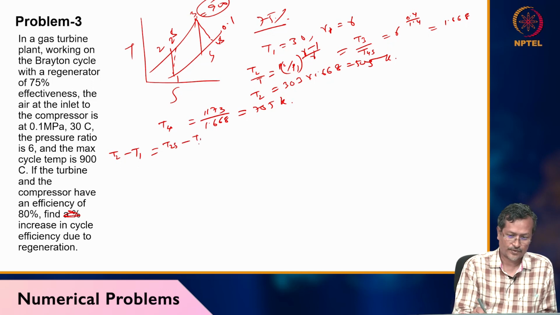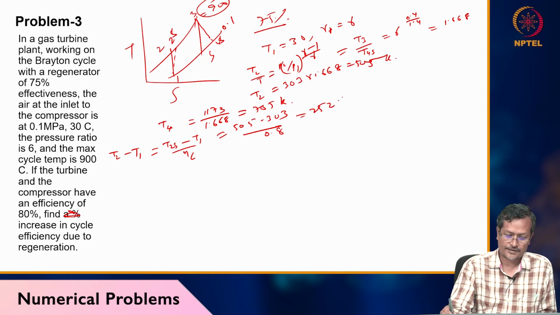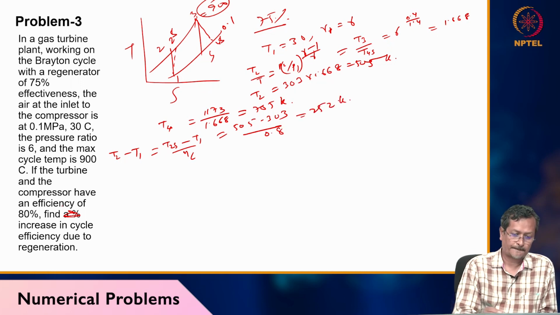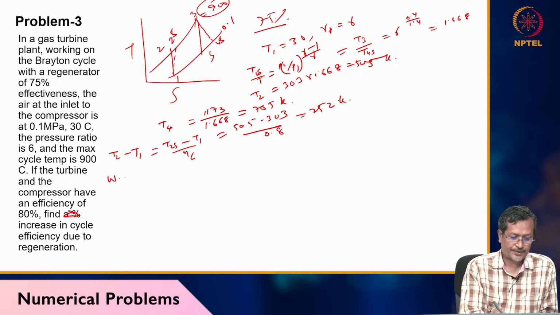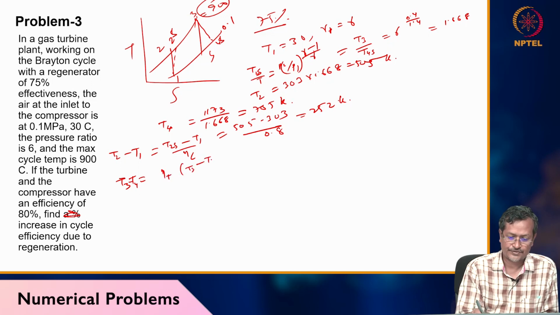T2S minus T1 divided by eta C equals 505 minus 303 divided by 0.8 equals 252 K. So Wt equals first T3 minus T4 times eta T, equals 0.8 into 1173 minus 705, 375 K.